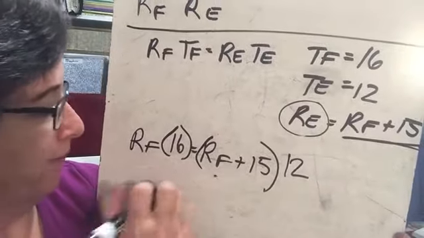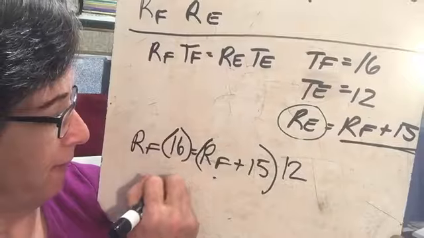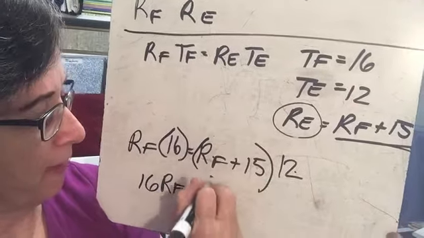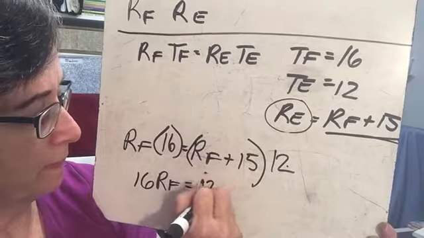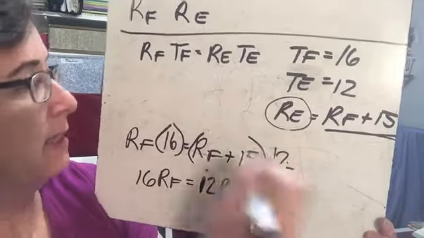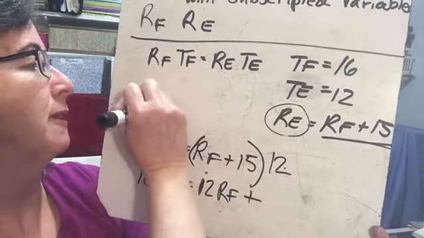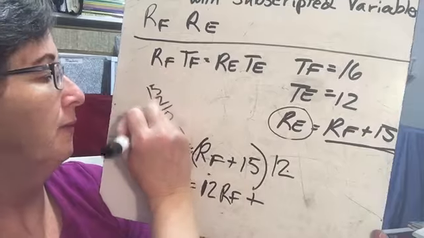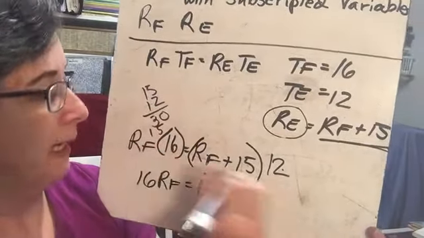So 16 R sub F equals 12 times R sub F plus 15 times 12. What is 15 times 12? 15 times 2 is 30, 15 times 10 is 150, so 180.